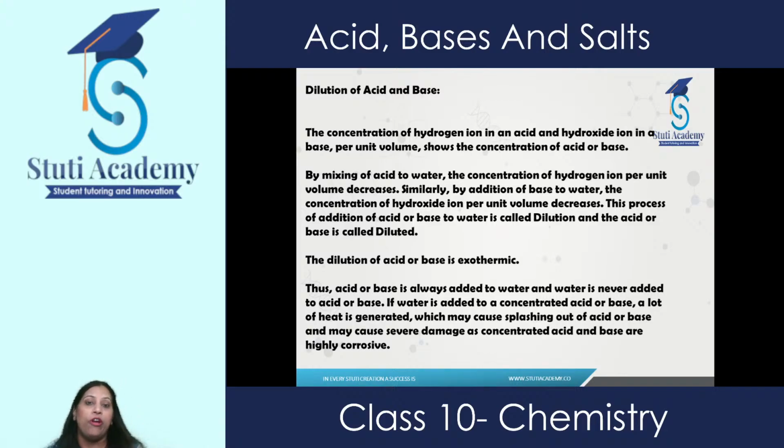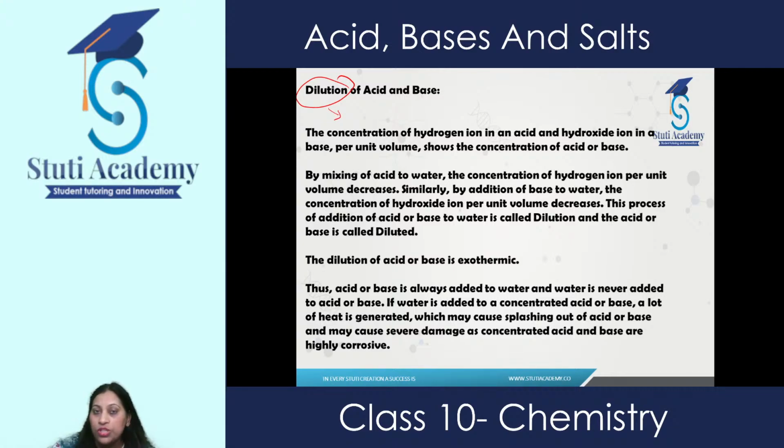Then dilution of acid and base. Again, there is one term, this dilution, which I have already discussed with you in previous session. Dilution is the addition of water in an acid or a base. If we are adding water in acid or base, it affects the concentration of hydrogen and hydroxide ions.